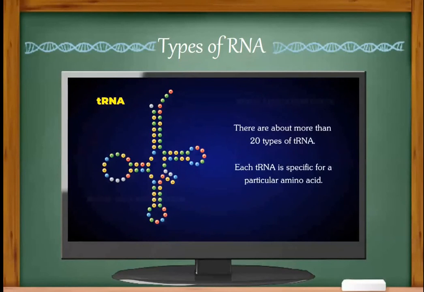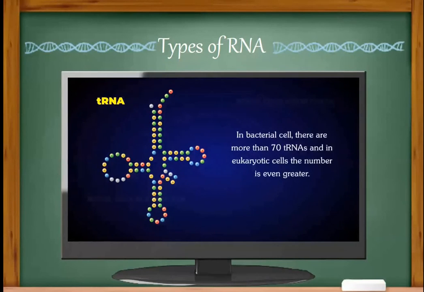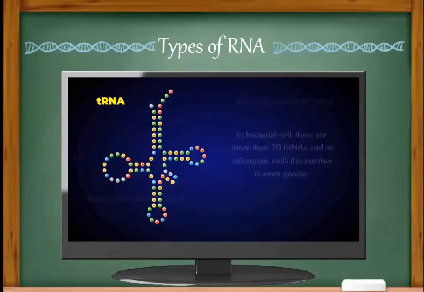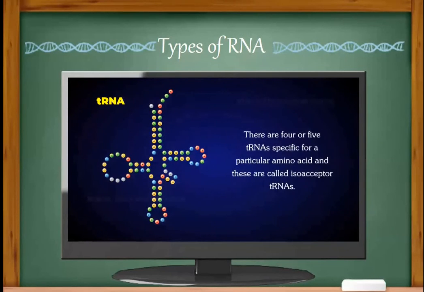There are about more than 20 types of tRNAs. Each tRNA is a specific for a particular amino acid. In bacterial cell, there are more than 70 tRNAs, and in eukaryotic cells, the number is even greater. There are 4 or 5 tRNAs specific for a particular amino acid, and these are called isoacceptor tRNAs.